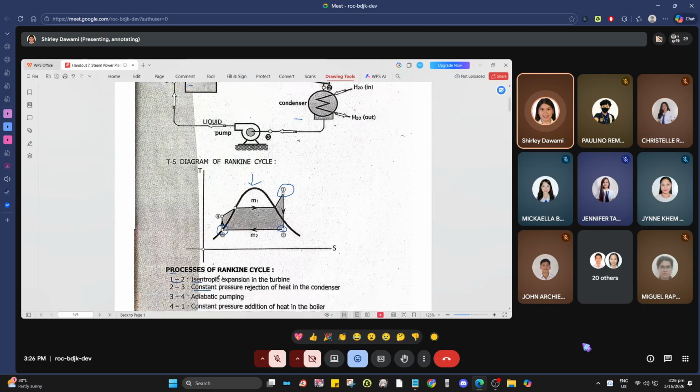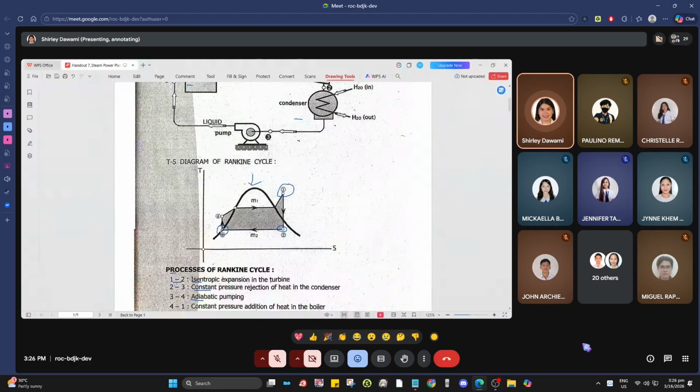Then process 3 to 4 is an adiabatic pumping, or isentropic compression. There is a pump that compresses the water, causing only a slight increase in temperature.